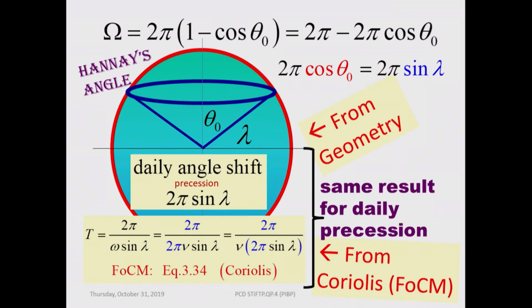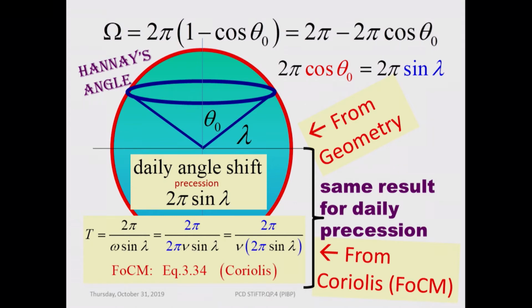Okay. And this is just the result you would get if you take into account the Coriolis force, if you did this analysis in a rotating frame of reference. Okay. And I have worked this out in detail in this book, Foundations of Classical Mechanics.